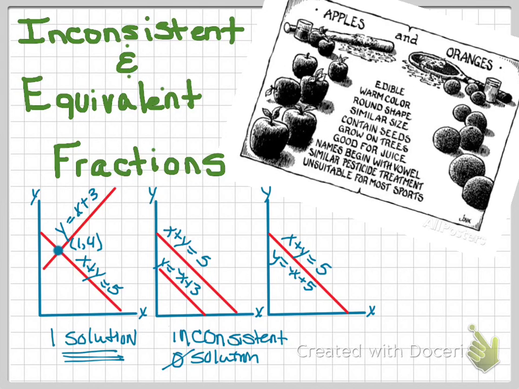And then the last one we're going to look at, those are the equations that can have many solutions. In that case, their graph is a single line, so they're said to be equivalent equations. All right, so let's take a look at this.